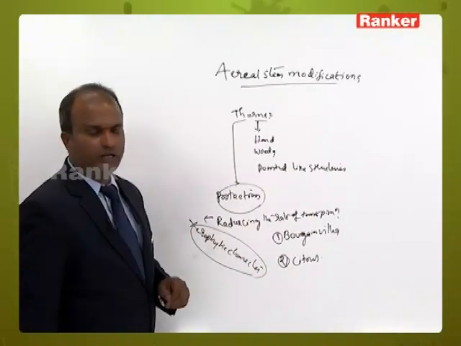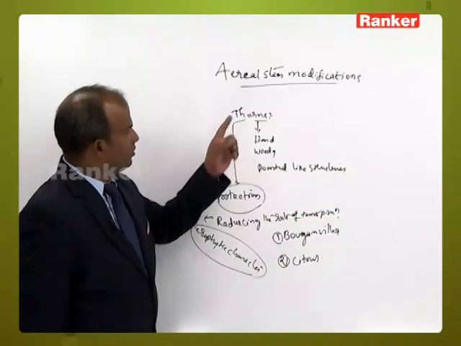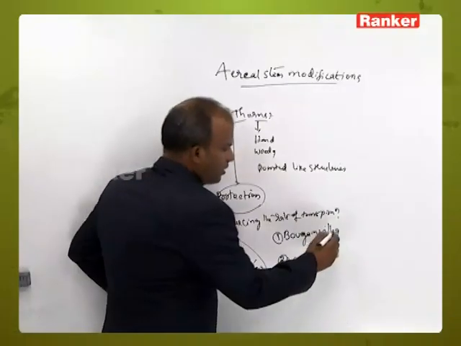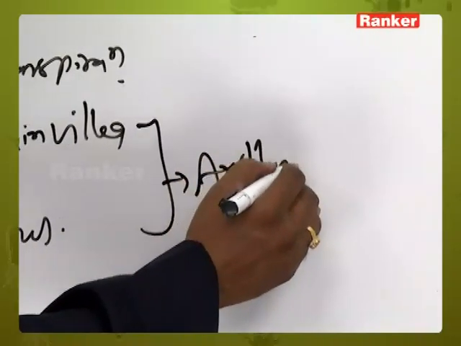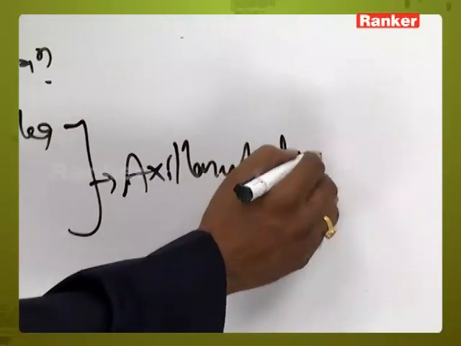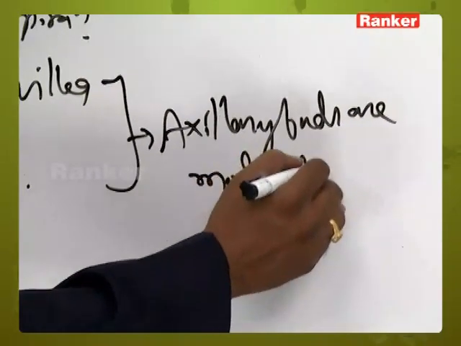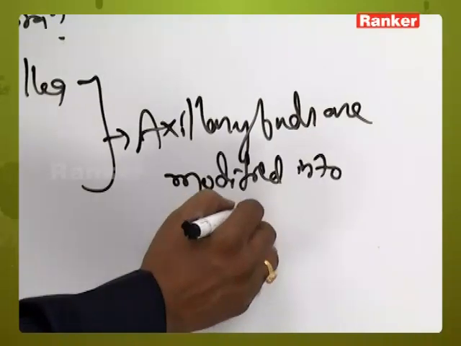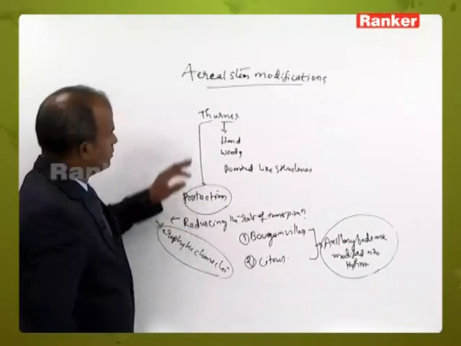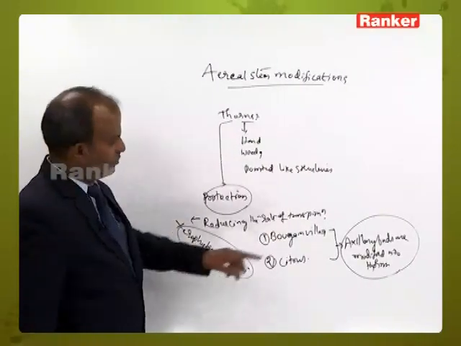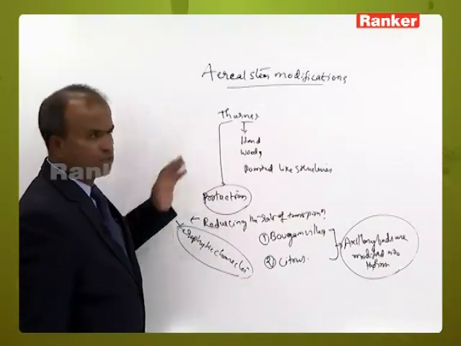In bougainvillea and in citrus, which bud is modified into a thorn? Axillary buds are modified into thorns in bougainvillea as well as in citrus. This is about the thorns.